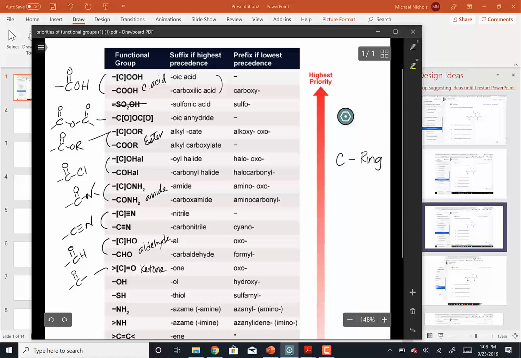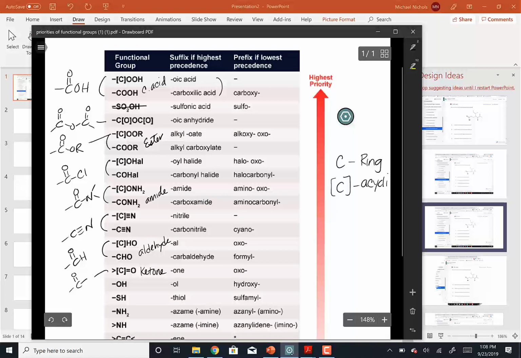So that's when the group is attached to a cycloalkane ring. And when it's in brackets, it means that it's acyclic. No ring.